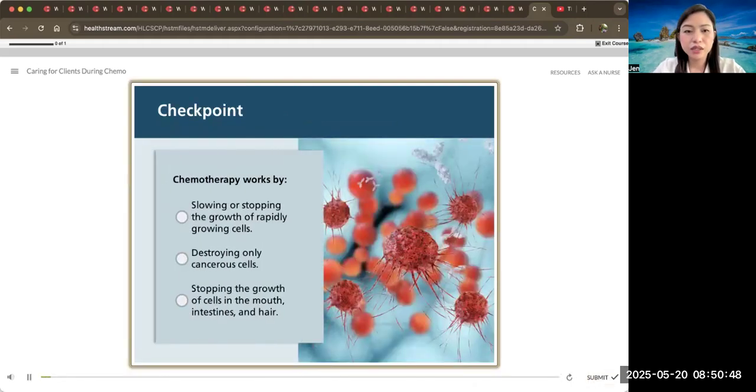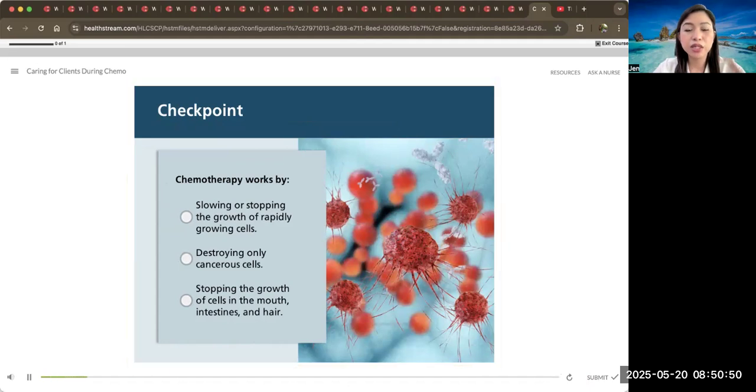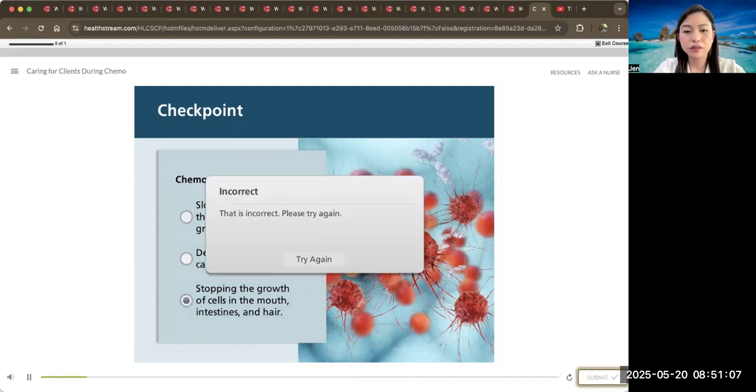Okay, next. Checkpoint. Chemotherapy works by slowing or stopping the growth of rapidly growing cells, destroying only cancerous cells, stopping the growth of cells in the mouth, intestines, and hair. Okay, that's it. Oh, this is a question.